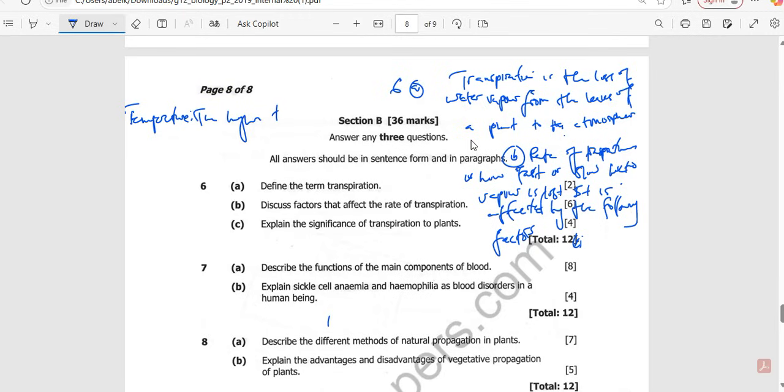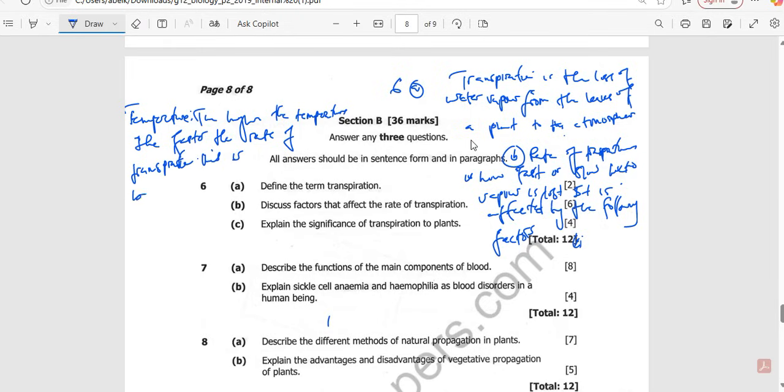The higher the temperature, the faster the rate of transpiration.